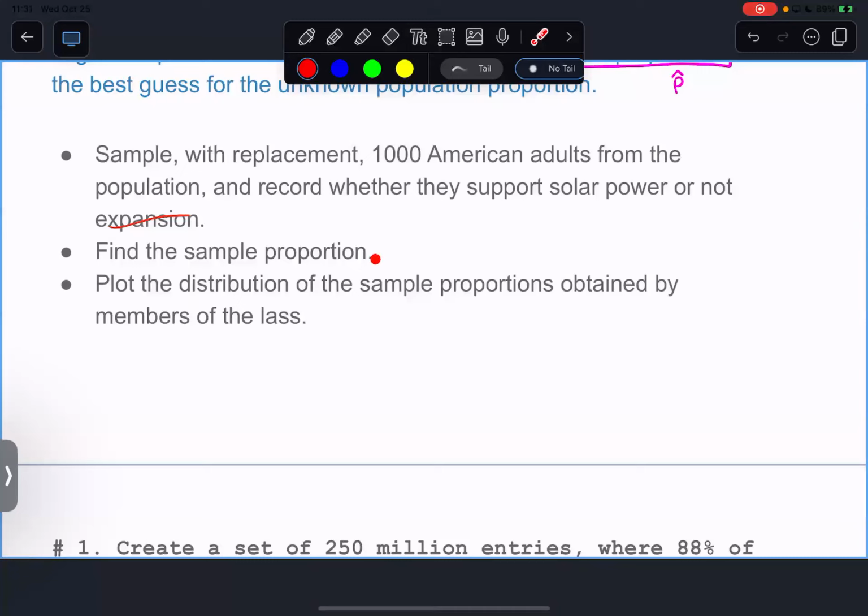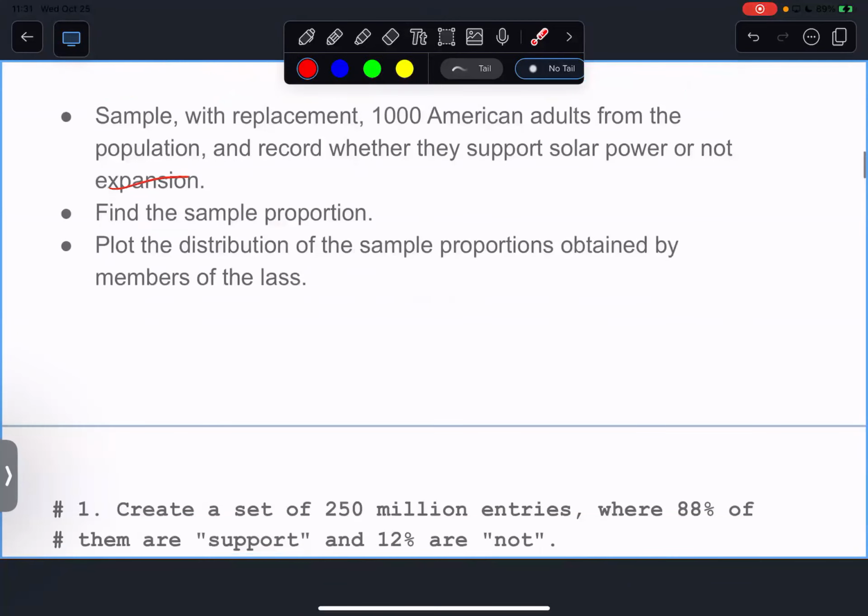Then, if I ask you each to report your sample proportion to me, I ignore all the samples, I just want all your sample proportions. Now I have a sample of sample proportions.